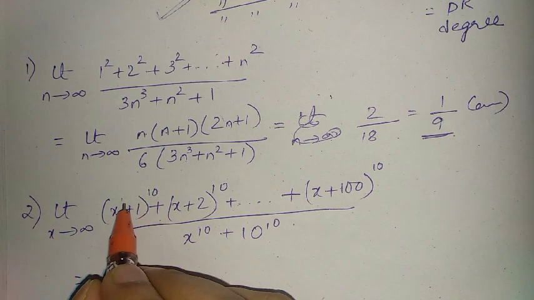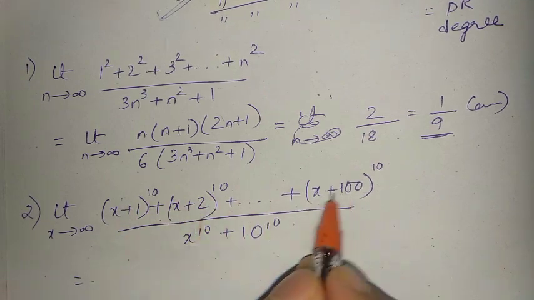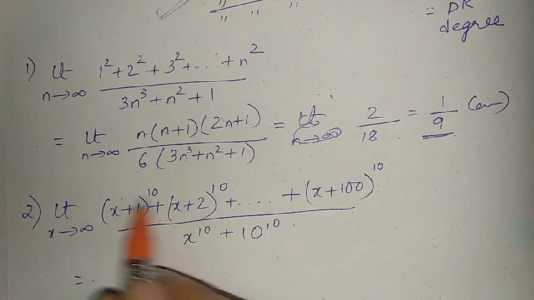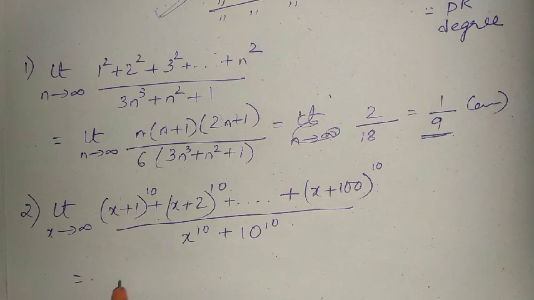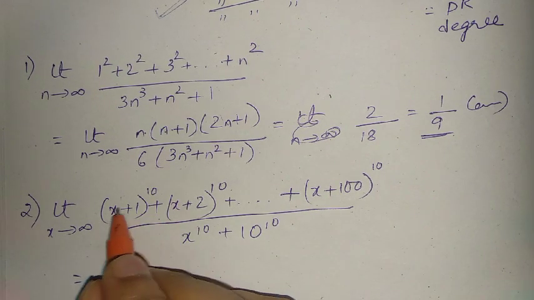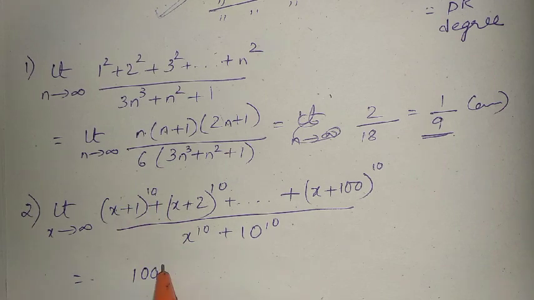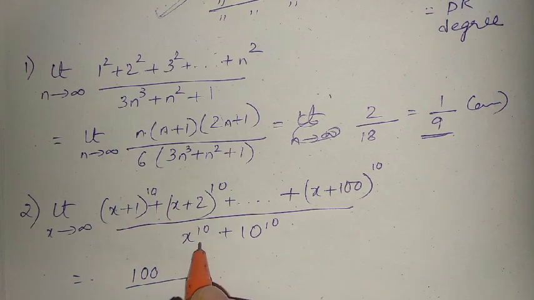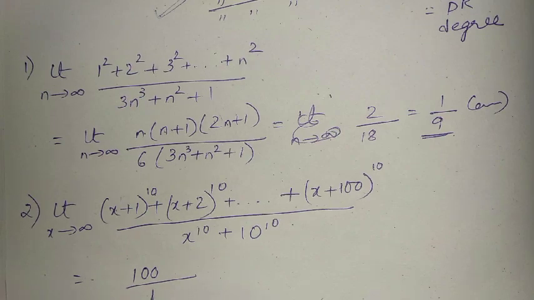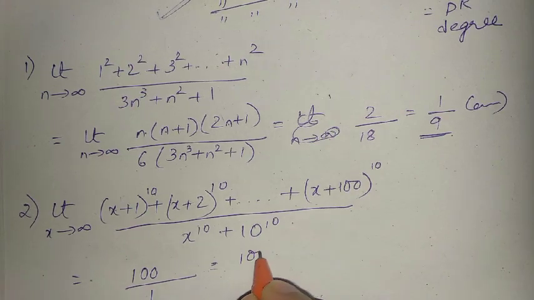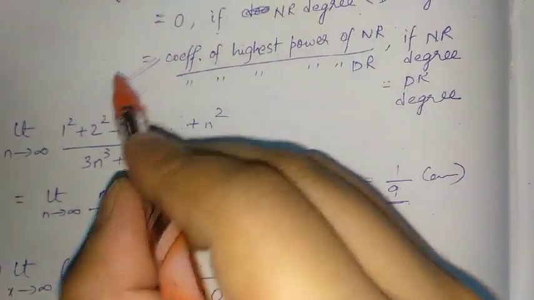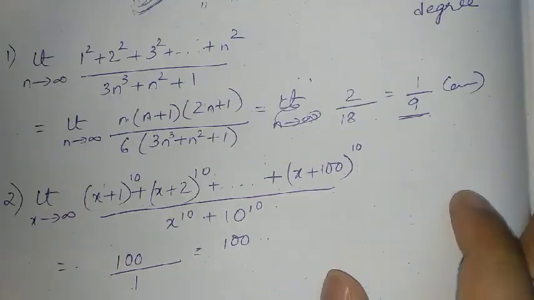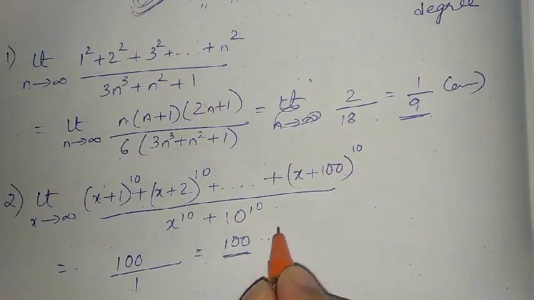If you do the binomial expansion, for all the terms it will be the same result. So you will have 100 x to the power 10s. This will be nothing but the coefficient of the highest power, x to the power 10. The coefficient of x to the power 10 will be 100, and in the denominator the coefficient of x to the power 10 is 1. So the answer is equal to 100. It is a similar case to this one. So your answer is 100.